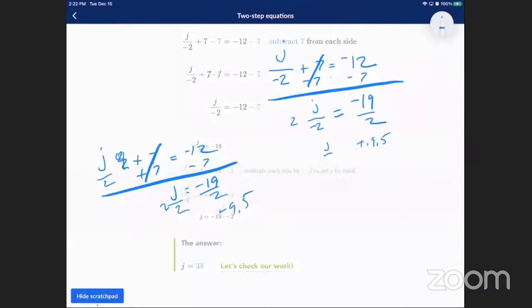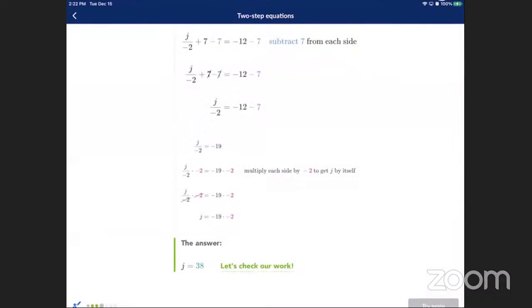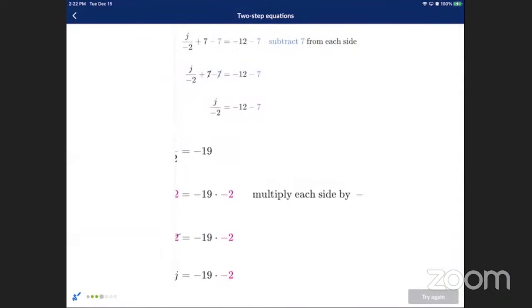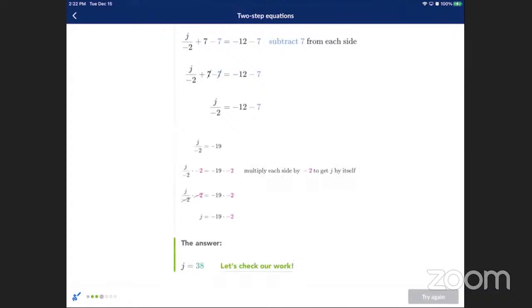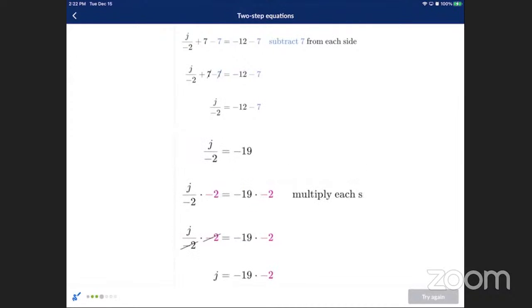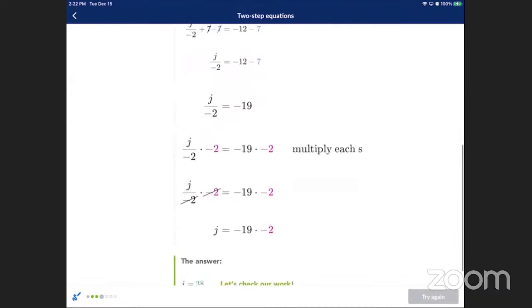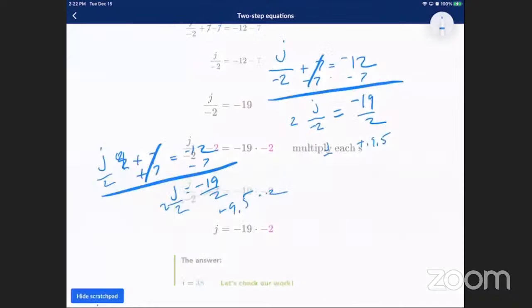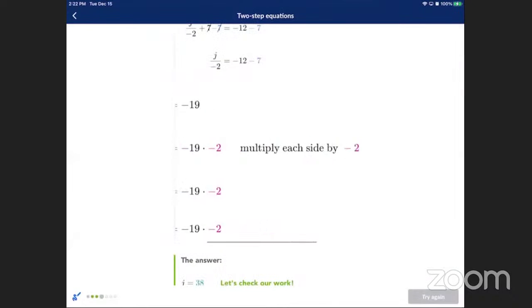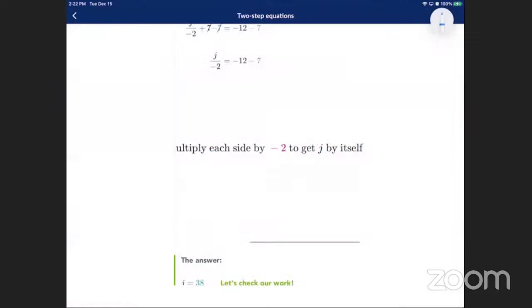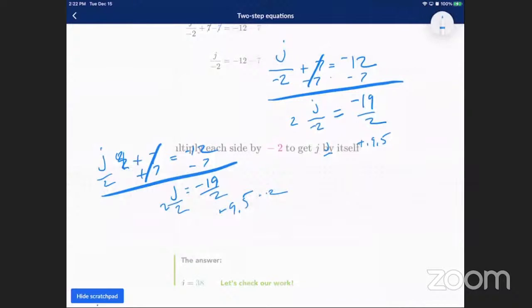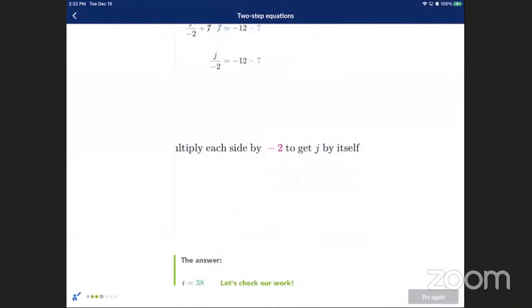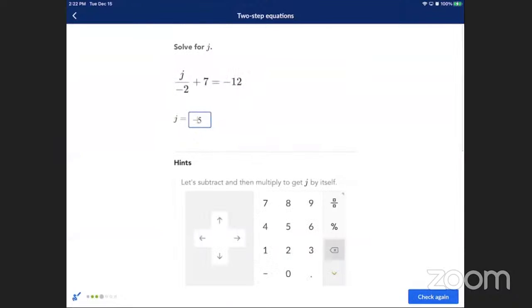I'm supposed to multiply that side. So once I multiply each side, both sides, then you have J over 2 equals negative 19 times negative 2. Yeah. All right. So that was a goof on my end.